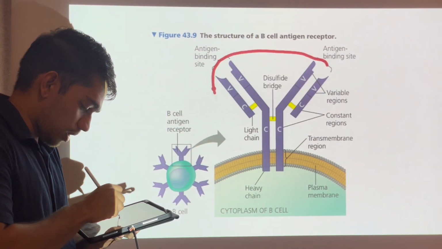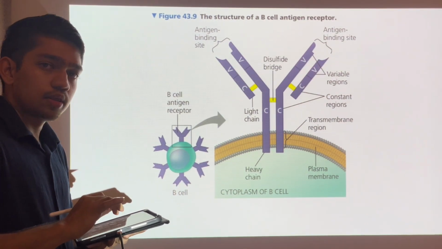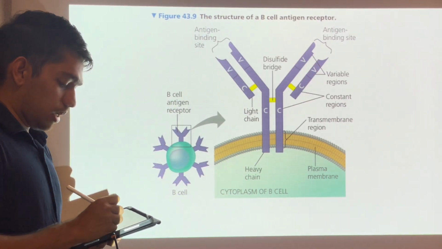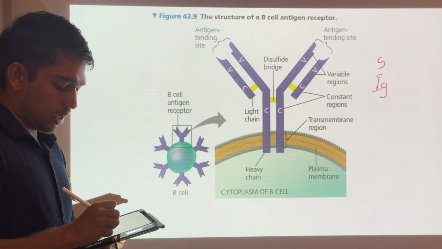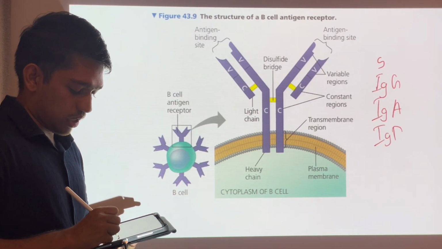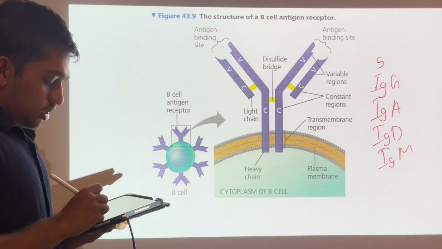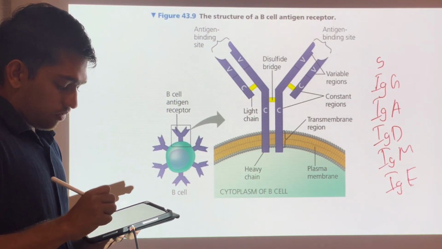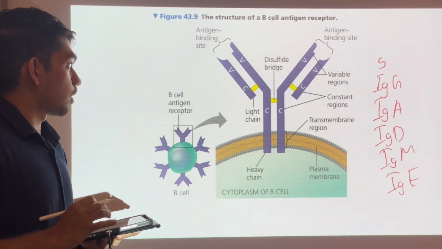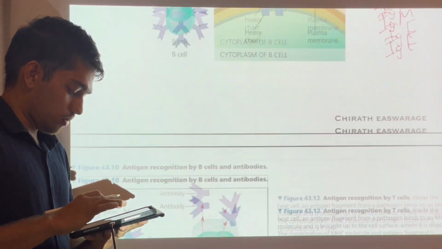So this part gets detached and secreted by the plasma cells in the form of antibodies. There are 5 types: IgA, IgG, IgD, IgM, and IgE. You don't need to know the types and their specific functions. So this is the typical structure of an antibody.